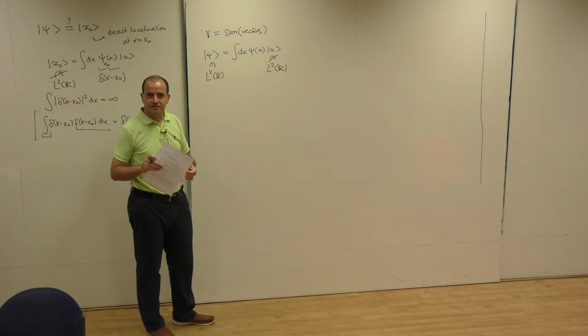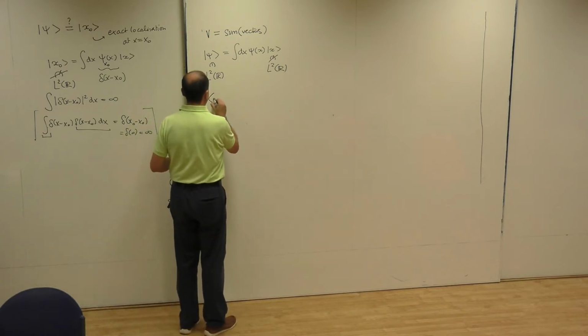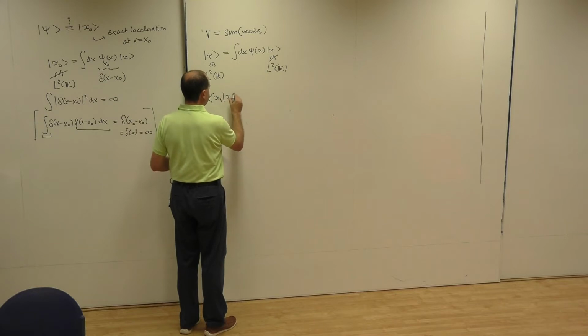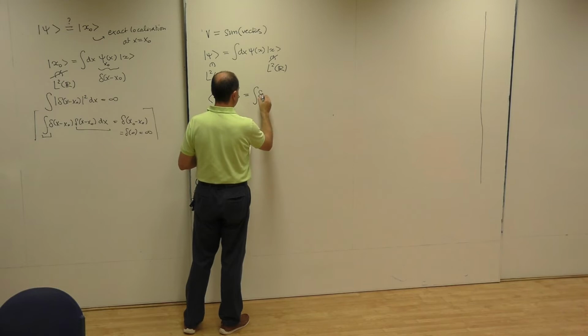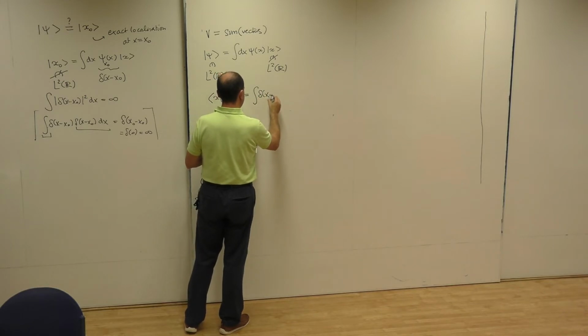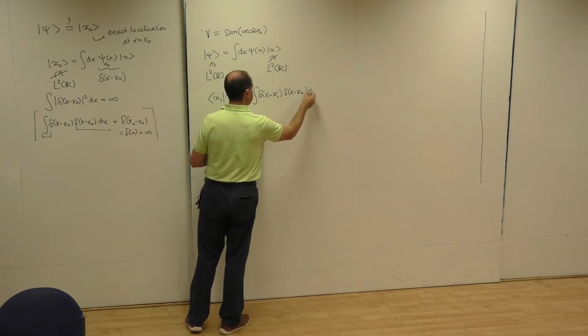For instance, these objects have a kind of interesting property. They look like a basis. Again, it's not a proper basis because these are not vectors, but they look like a basis in the sense that if you take <x1|x0>, what is this? Well, this is the integral of delta x minus x1 times delta x minus x0 dx.